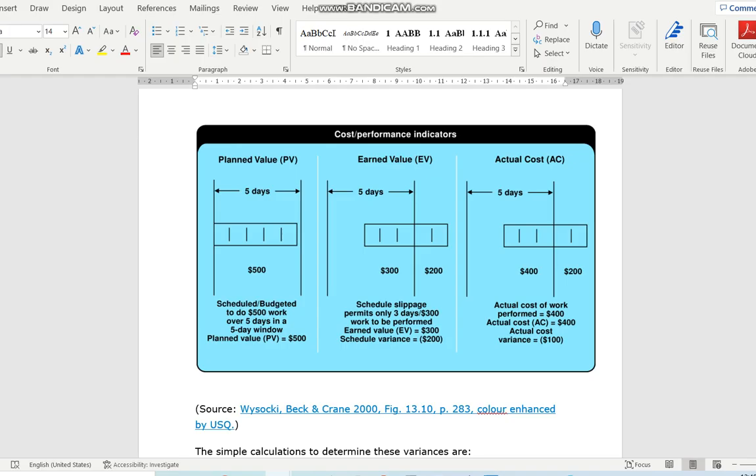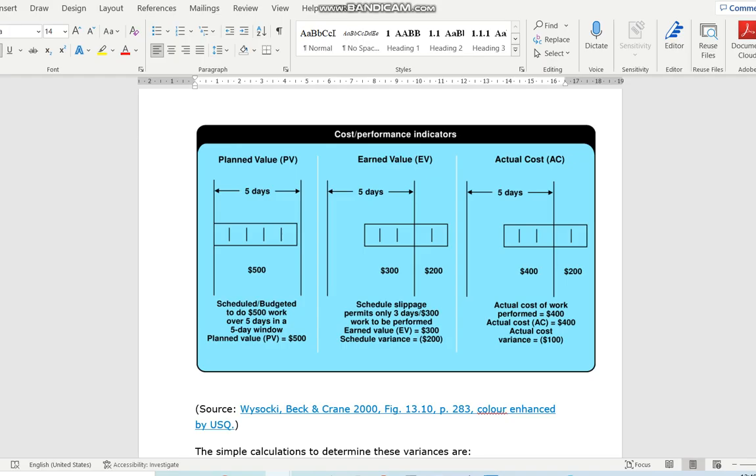So if you face this sort of question, you will be asked to find PV, EV, and AC. You need to look for clues. What is the PV, what is the EV, and what is the AC? I will try to give you some practice on this, so that the calculation is very simple. It's just a matter of how to detect those values. It's not that difficult.